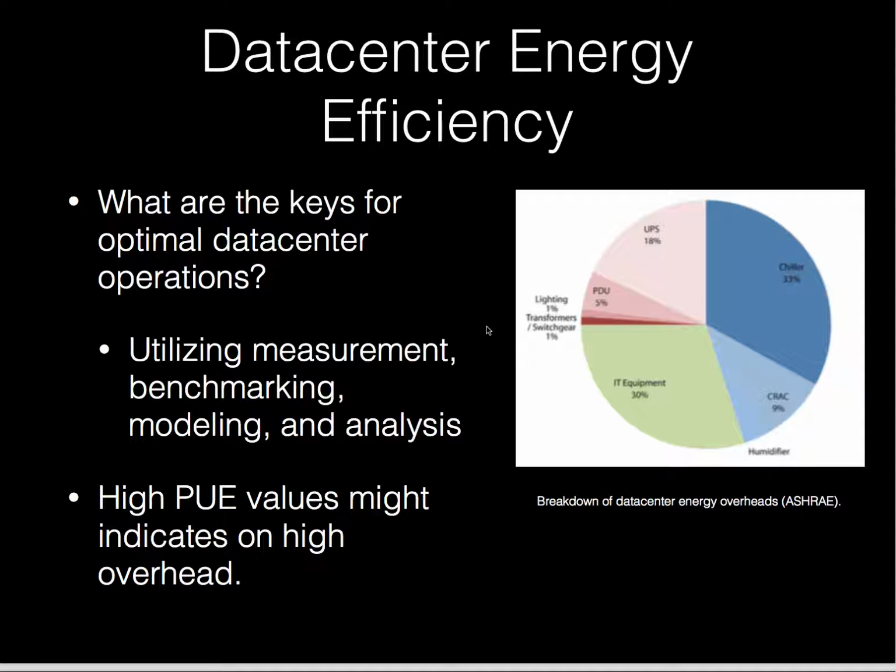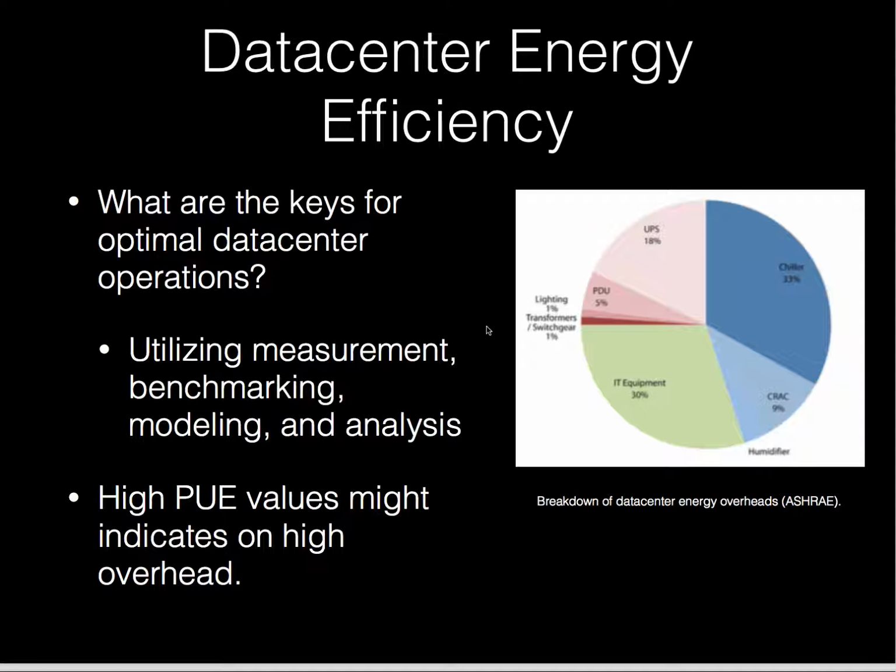And these are the keys for optimal data center operations. If you look at this pie chart, you can see what takes most of the efficiency. UPS is a very expensive thing to have.